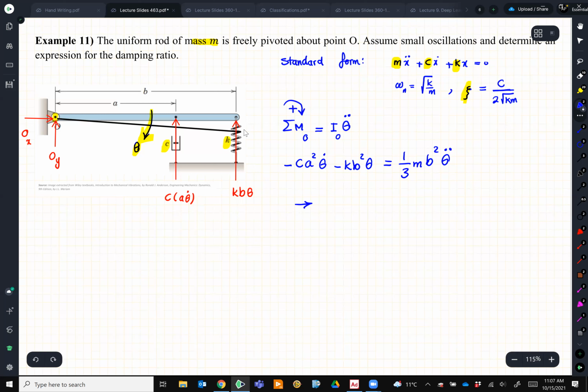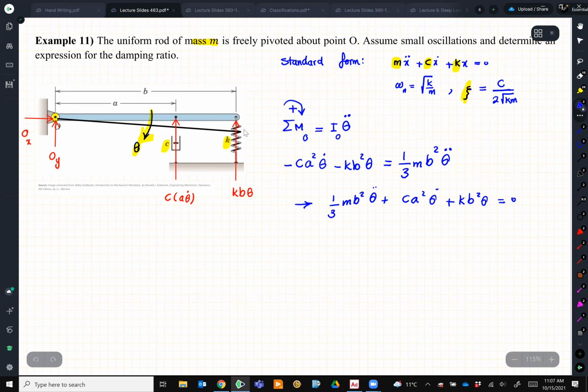I order these things: one third of m b squared theta double dot plus c a squared theta dot plus k b squared theta is equal to 0.